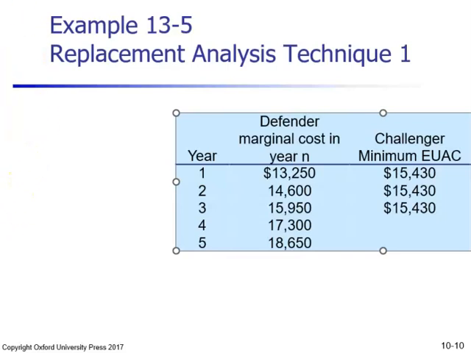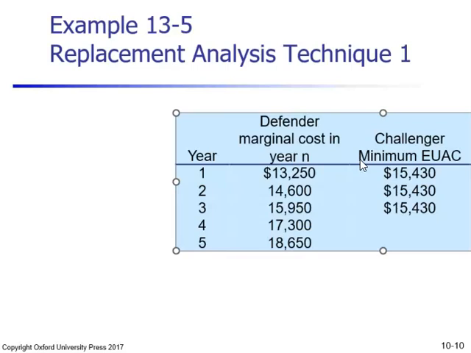Stop the video and work on it. Defender marginal cost, as we usually expect, is increasing, and the challenger UAC is this amount.